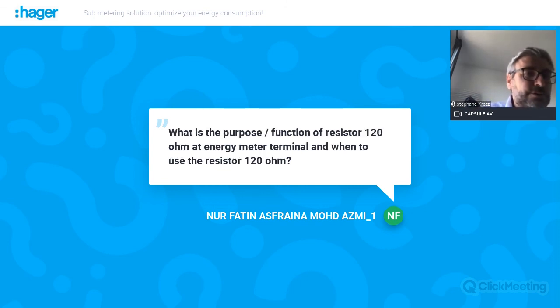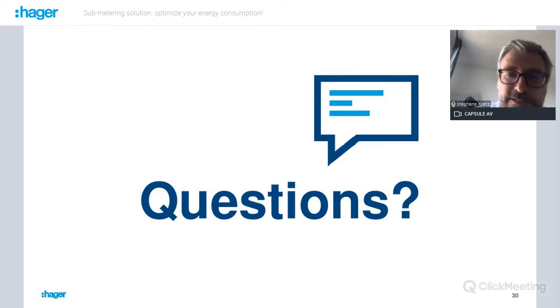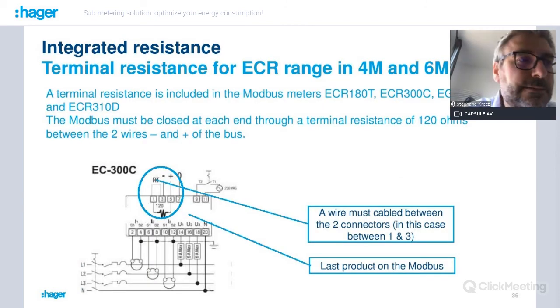What's the proposed function of the resistor and alarms at the energy meter terminal, and when to use a resistor? Very interesting. Thomas, I put some slides in addition in case this question came. If it's possible to go to the slide, I will select it.